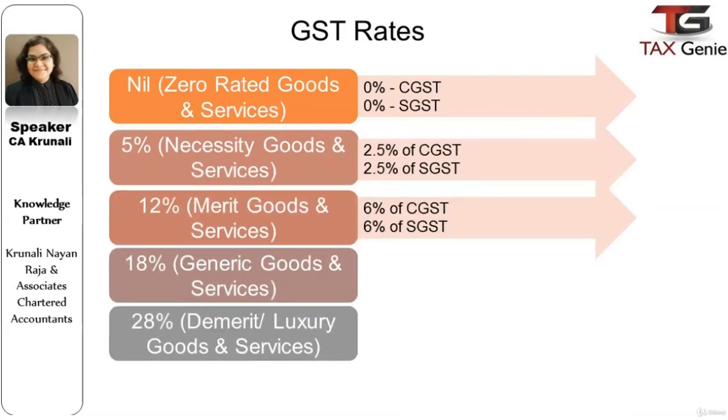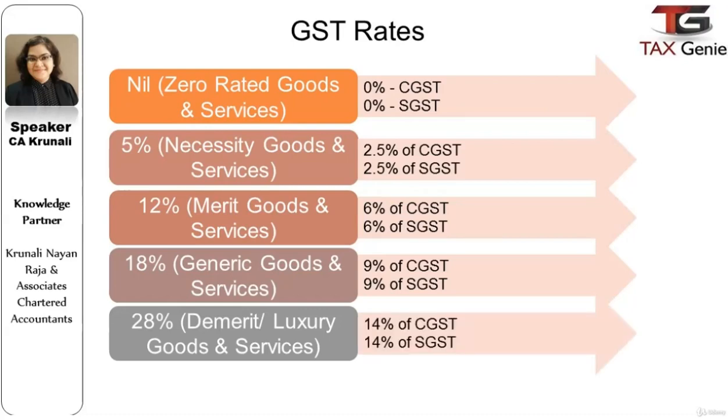Then comes the 12% rate on merit goods and services. Then there is a generic rate of 18% on generic goods and services. And finally, 28% rate on demerit or luxury goods and services.